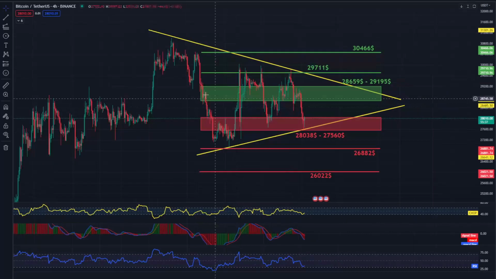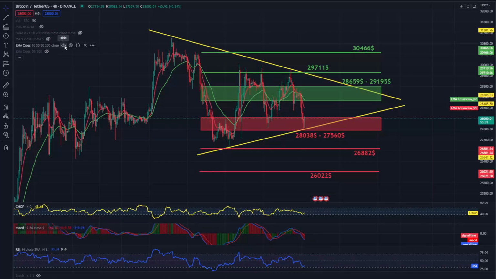It is worth paying attention to the EMA cross 10 and 30, where we see confirmation of the transition to a downtrend. You should watch the red line when it starts to curve upwards, which can give a trend reversal.